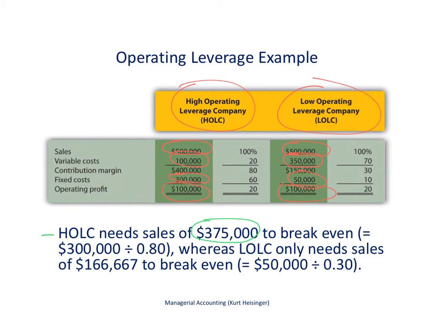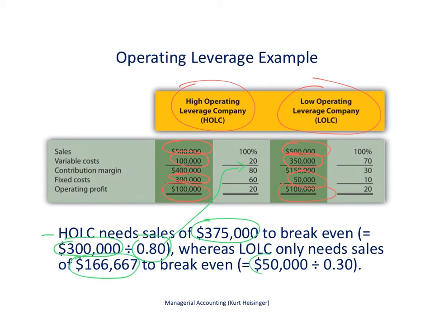The break-even point is the total fixed costs, 300,000, divided by the contribution margin ratio, which you see up here, 80%. The low operating leverage company only needs sales of 166,667 to break even, and that's because they have such a low level of fixed costs.